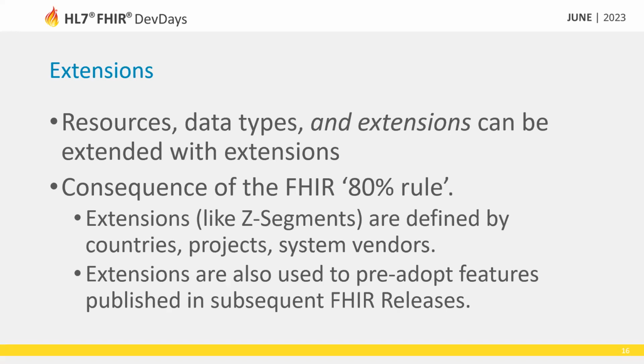But it's not as bad as it seems, because you have the governance rule in FHIR that says, if you use an extension, you have to make the definition thereof publicly available in an international registry. So if you receive something and you don't know what it is in terms of an extension, you can just go to the registry and look up what the extension means, and hopefully that will help you to still interpret it.